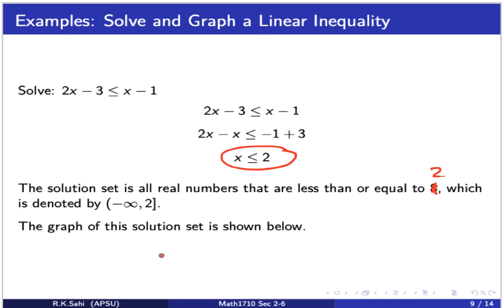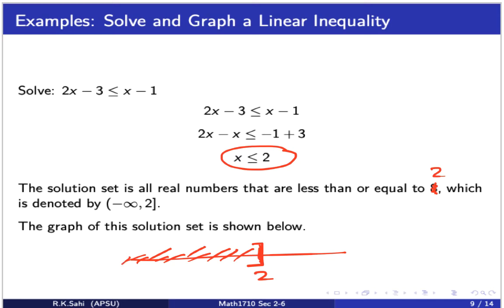Now, how would you do the graph? Very simple, just draw a horizontal line, eyeball the number 2. Now these are all values less than or equal to, so that means everything comes over here. But because of this equal sign, we make sure you show that with the square bracket facing these little lines.